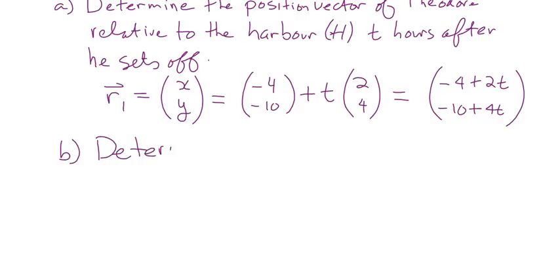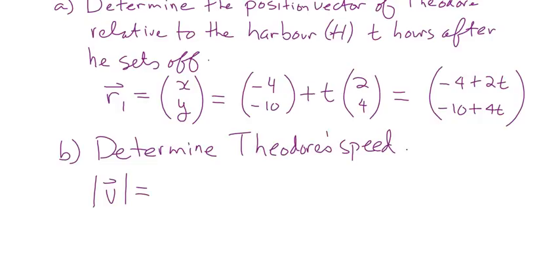Determine, which means what? Determine Theodore's speed. What's Theodore's speed? It's the magnitude of the velocity vector. The magnitude of the velocity vector is the speed, which is the square root of 2 squared plus 4 squared, which is root 20, which is 2 root 5.